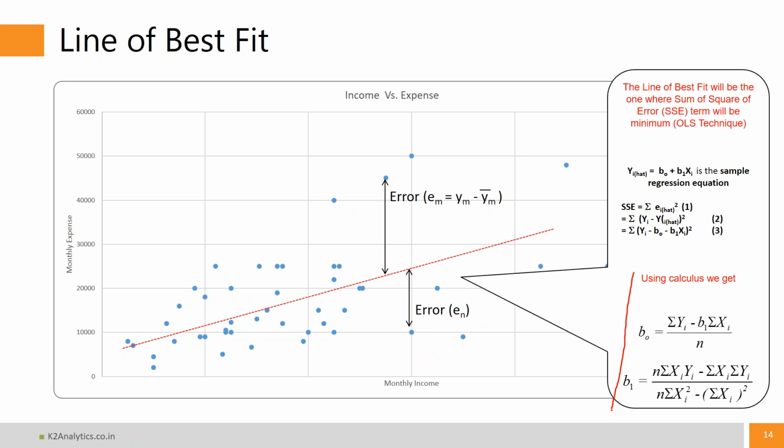Third, the equation format of a linear regression is y is equal to alpha plus beta 1 x1 plus beta 2 x2 plus beta 3 x3 and so on up to beta n xn.